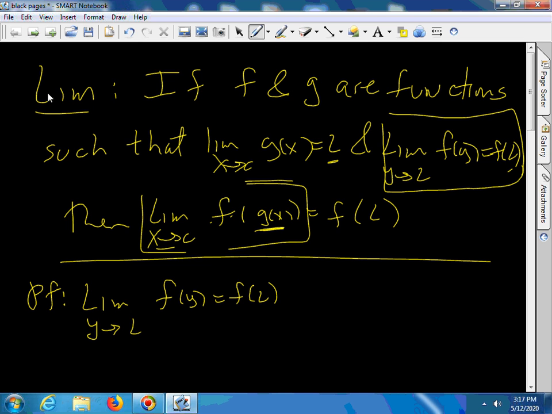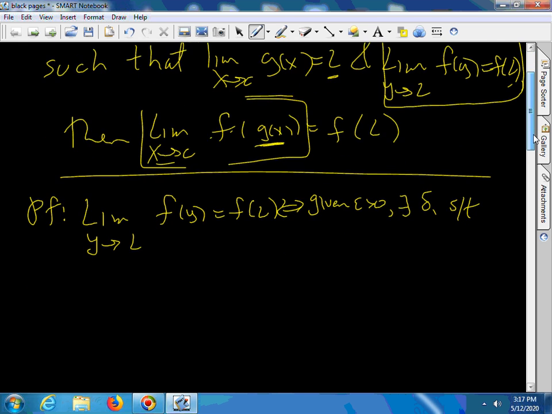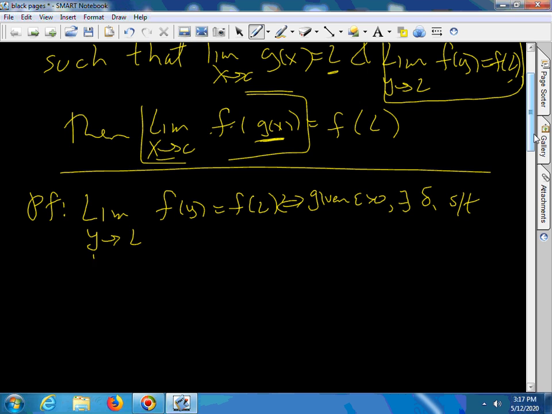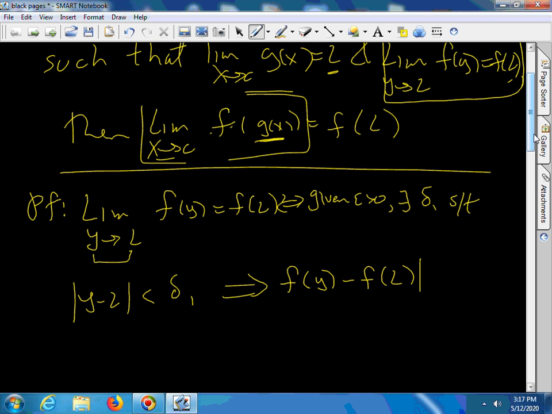Since we know this limit exists, given any epsilon, there does exist a delta. We don't have to find it. So this statement is the same as: given epsilon greater than 0, there exists a delta 1 such that, I'll write it a little bit differently than I normally do, the difference between y and L is less than delta 1 implies that the absolute value of f of y minus f of L is less than epsilon.